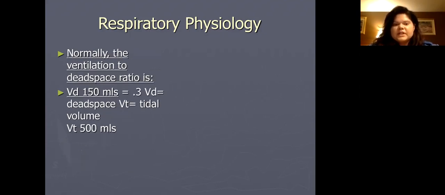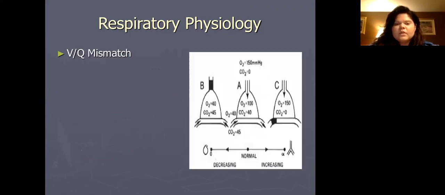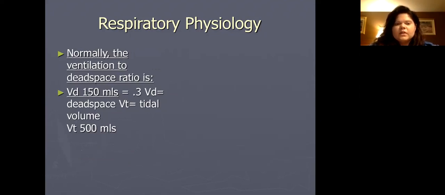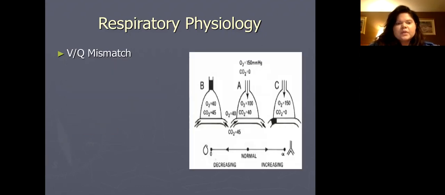Normally, the ventilation to dead space ratio, let's see. Let's see, so this is saying it's 0.3. That's not our ratio. I do believe that it's going to be a 1-to-2 ratio. All right, so that brings us to VQ mismatch.